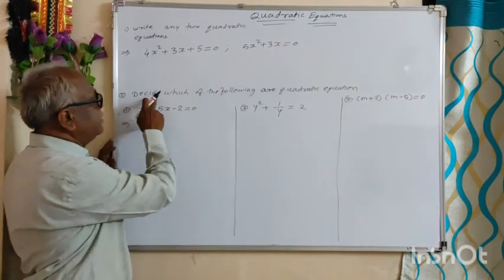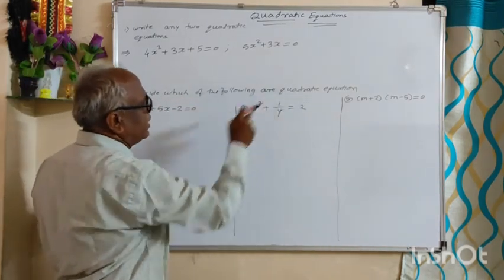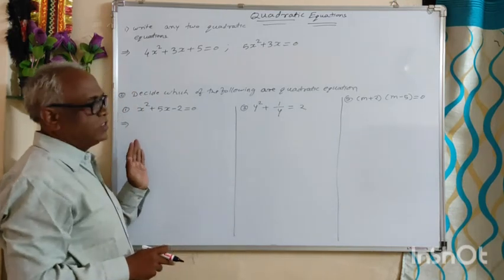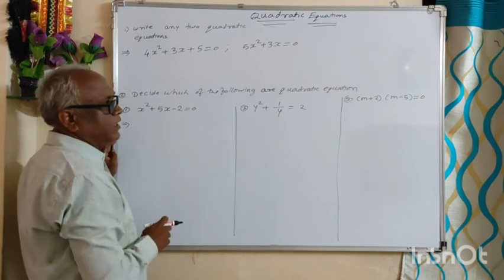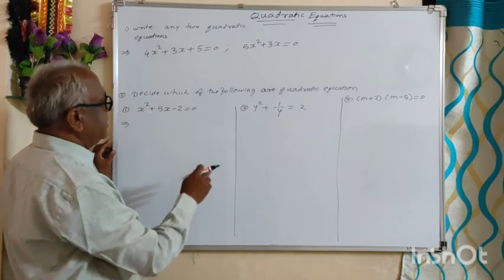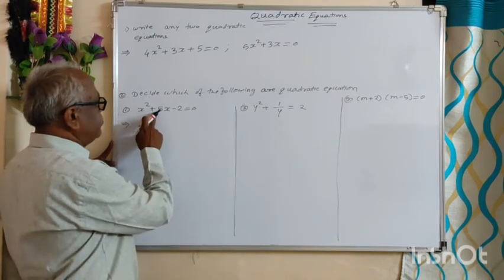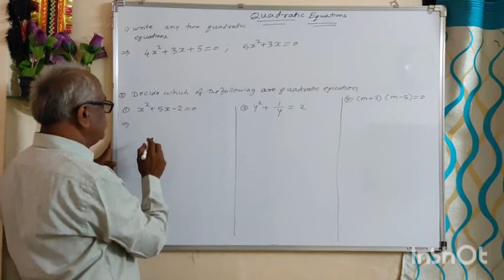Now second question, decide which of the following are quadratic equations. In this question 6 examples are there. We are solving the odd number examples, that is first one, x square plus 5x minus 2 is equal to 0.